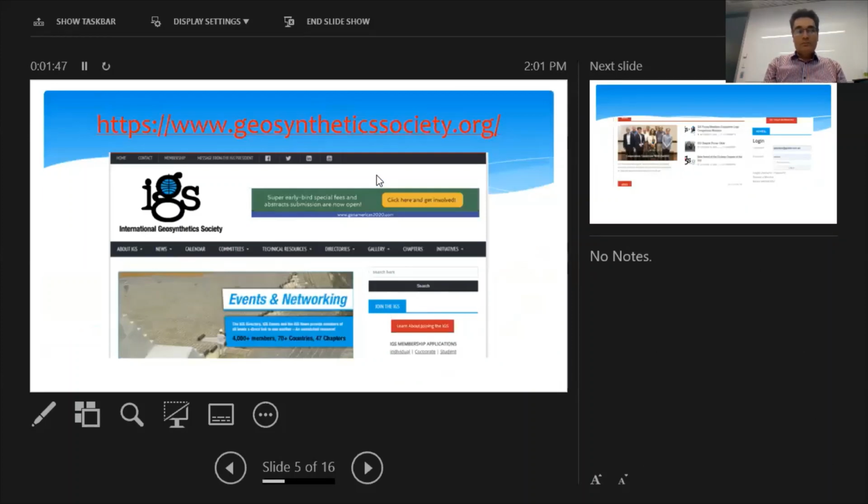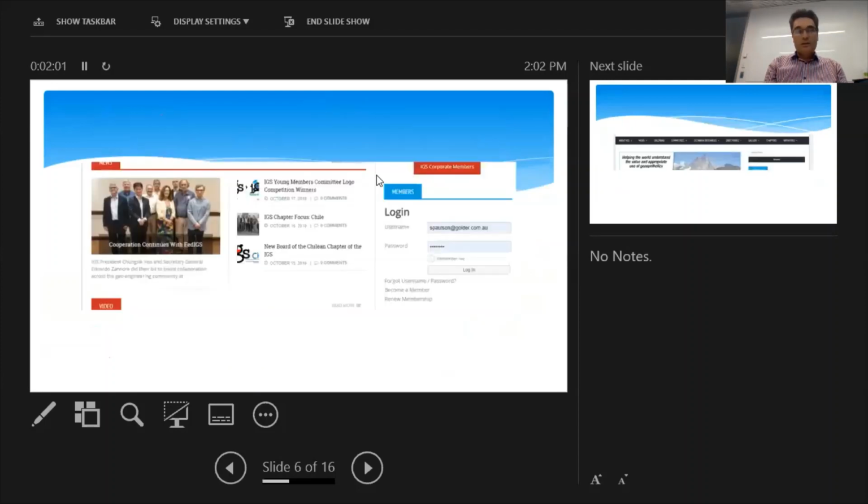So the process is pretty simple. You just type in geosyntheticsociety.org, and that gets you to the IGS website, which looks something like this. And then there is a members section. I'm just trying to find my laser pointer.